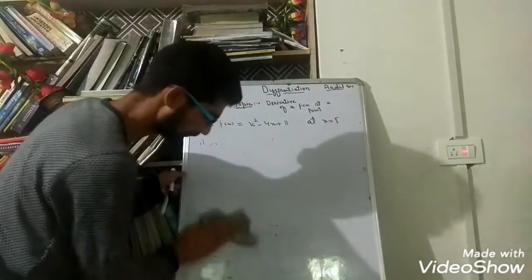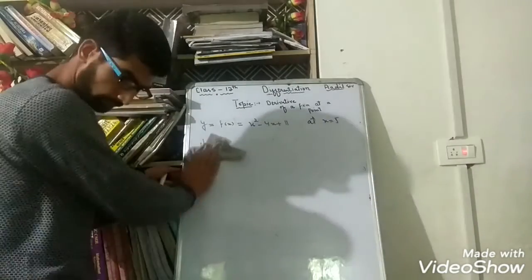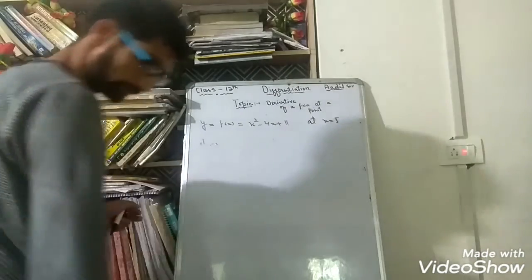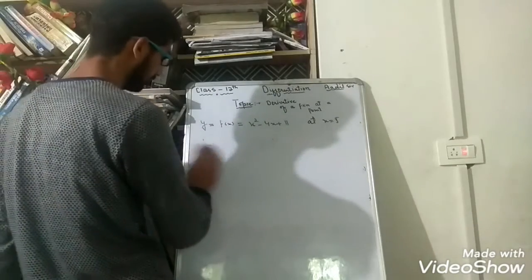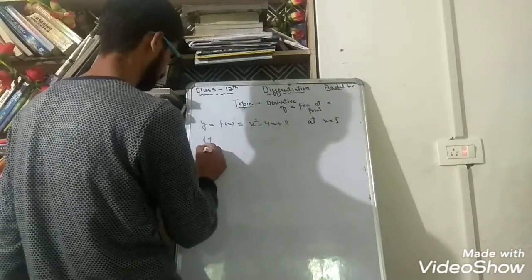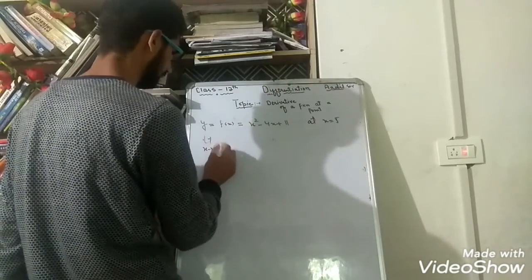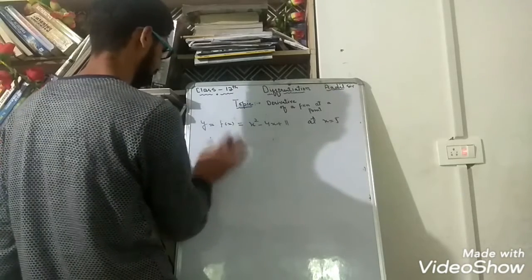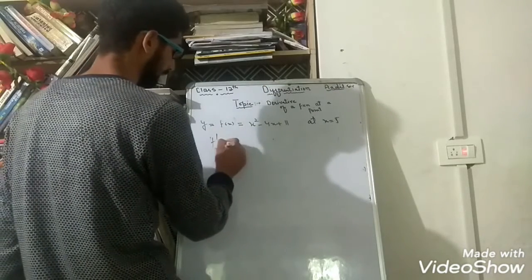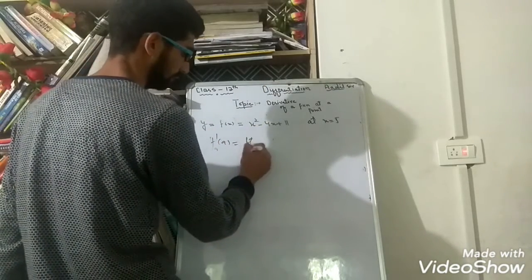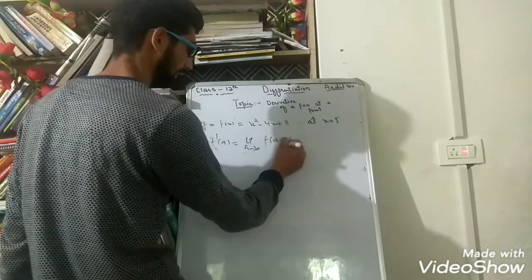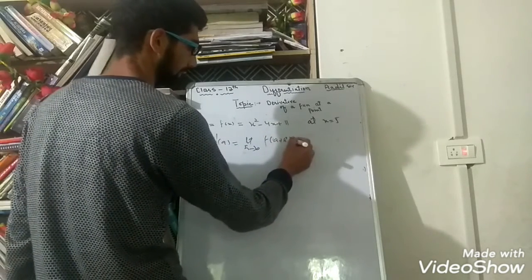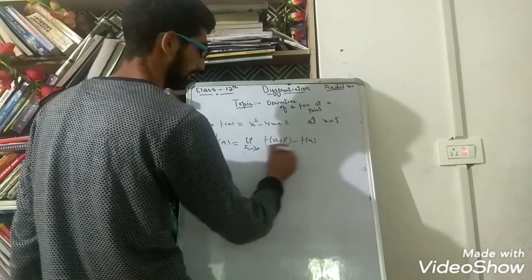So now the second one is this: f dash of a is the limit h tends to 0 of f of a plus h minus f of a, divided by h.